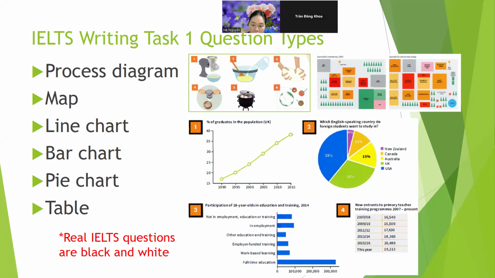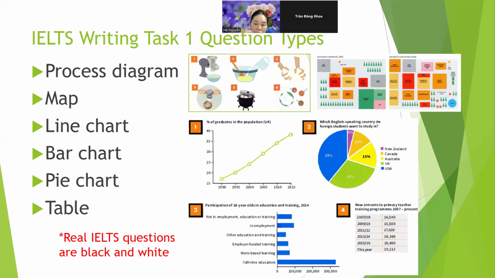Yeah, so when there's no time change, you just need to use comparison language. For example, the number of students in employment is higher than the number of students not in employment, education, or training. Okay, so higher than, lower than, the highest, the lowest, the second highest, and so on. More than, less than. So that's comparison language for no time change.